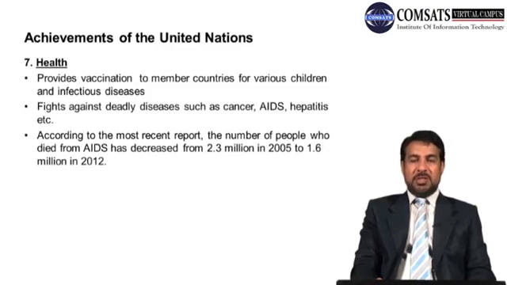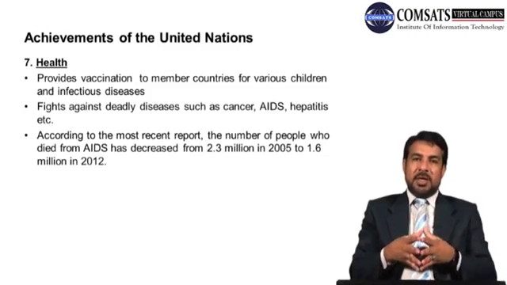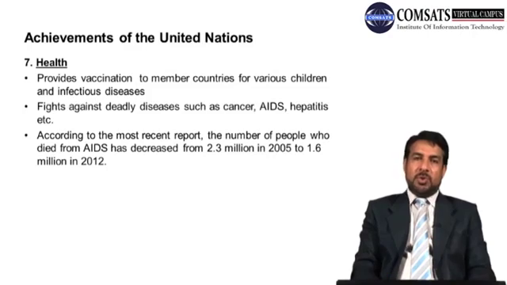As a result, we see that UN has not only been working in peace and security, but also in different types of social aspects, different types of welfare activities as well. According to the most recent report, the number of people who died from AIDS has decreased from 2.3 million in 2005 to 1.6 million in 2012.